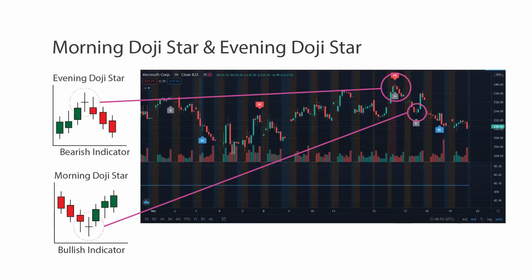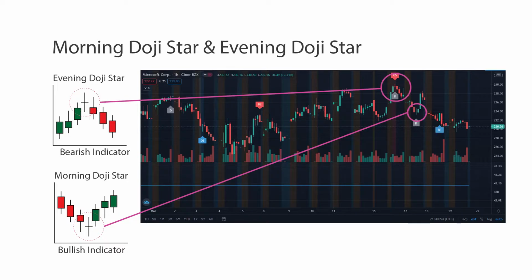You'll see in my example, as well as in the screenshot that I show of Microsoft, that you have a couple of increases in price in your candlesticks leading up to the doji. And then once you have your doji, it starts to decline and goes on a downward trend.